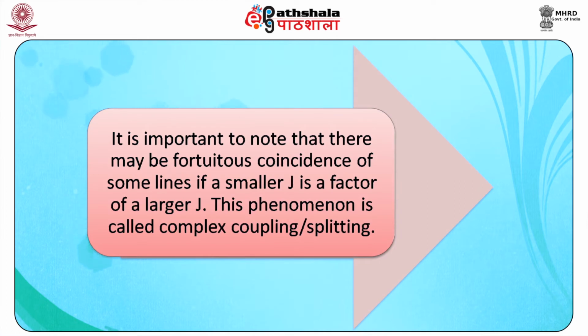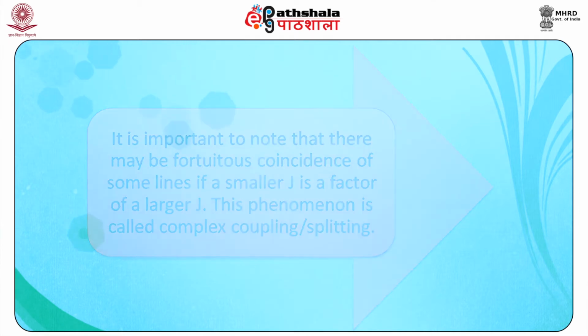Now it is important to note that there may be fortuitous coincidence of some lines if a smaller J value is a factor of a larger J value. Now this phenomenon, students, is known as complex coupling or complex splitting.